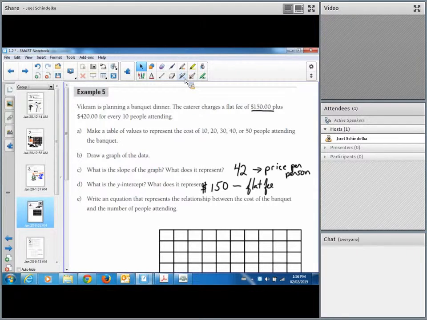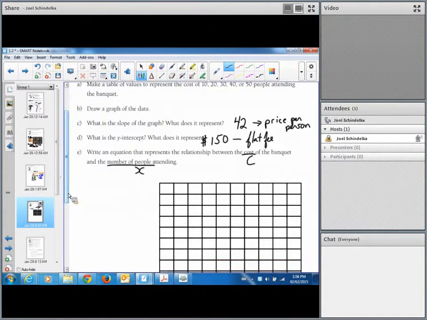X, okay. Use the number of people as X. And the cost of the banquet, let's just use C for the cost. That makes sense. So let's write this out here. C equals, well, let's try this mx plus b thing, eh? Our slope is 42, right? Okay, I'll give you a second here and you tell me what the formula is.